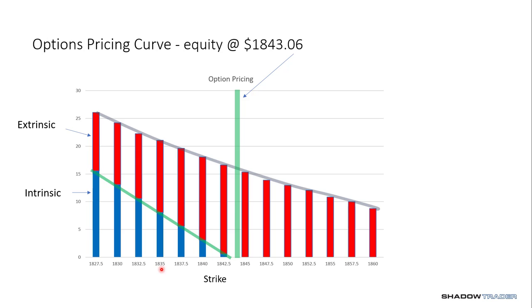I have intrinsic value of approximately $8. There you go. But wait a minute, that 1835 option is priced around $22. I've got $8 of intrinsic. That means that I've got $12 of extrinsic. Yes, this extrinsic is based upon time to expiration, based upon volatility, based upon market pressures.